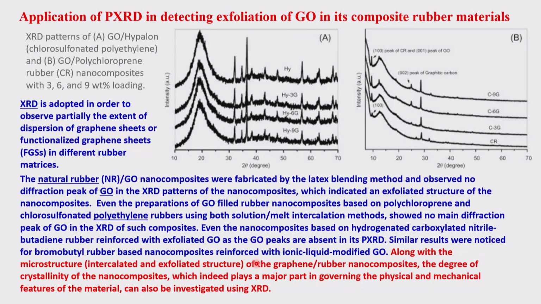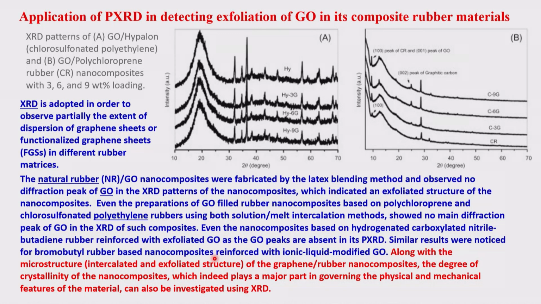But when you put that in and look at the powder diffraction, you don't see the graphene oxide peaks, either in this particular hypalon rubber composite, or this one which is the polychloroprene rubber composite, and there's the other one where the diffractogram is not shown, hydrogenated carboxylated nitrile butadiene.